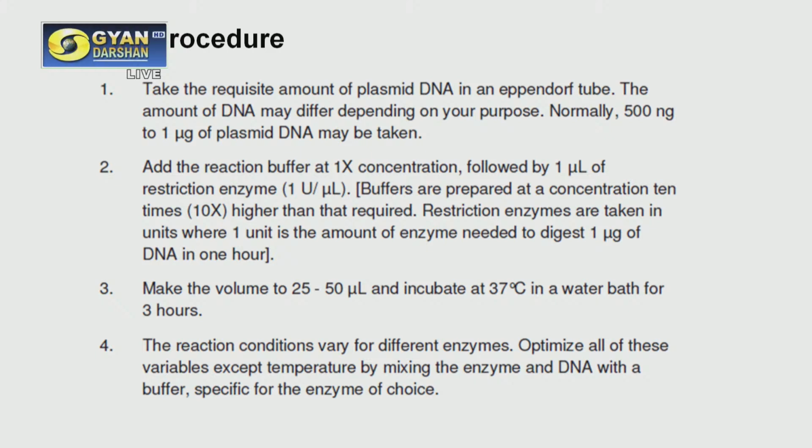For the rest of the volume, you use sterile or autoclaved water, and the plasmid DNA, like 500 nanogram to 1 microgram. And then you have actually made up the reaction mixture. Now you have to incubate the reaction mixture at 37 degrees centigrade for 3 hours.